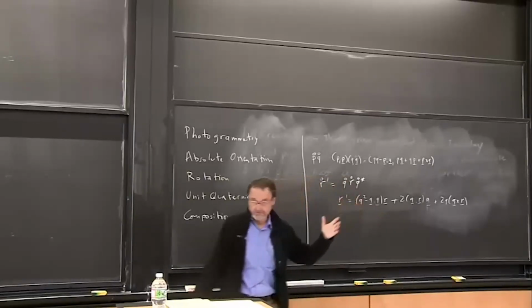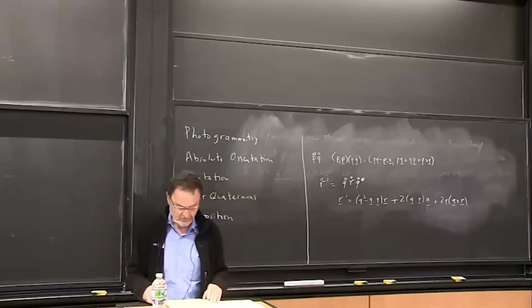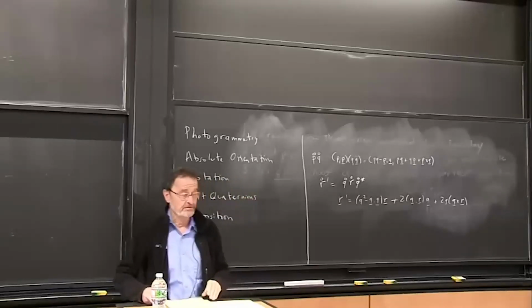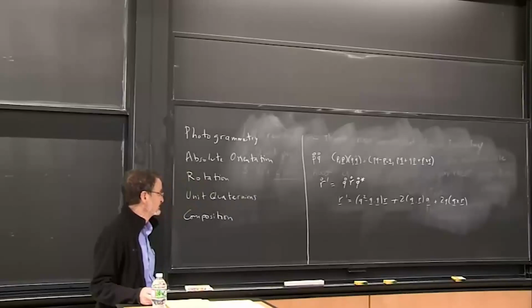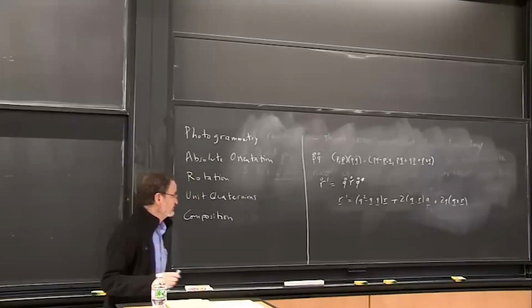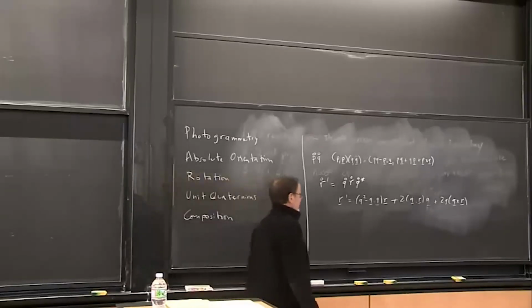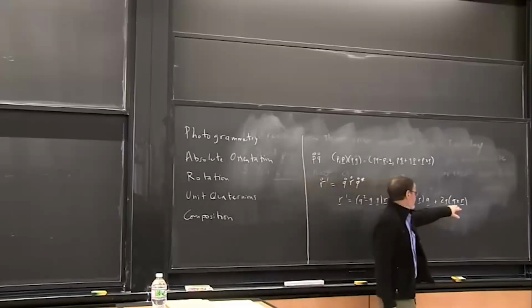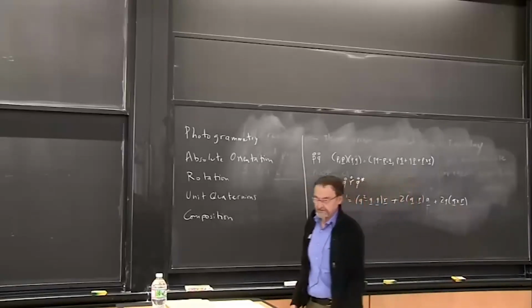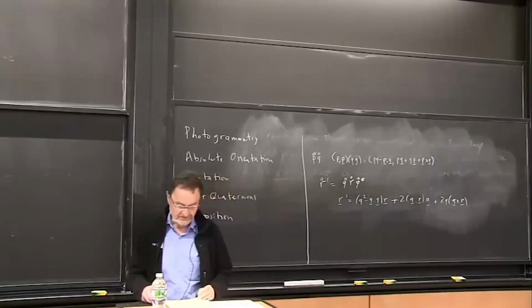And this one has a disadvantage. It takes somewhat more arithmetic operations than multiplying a 3x3 matrix by a vector. Although we saw that the ways of rewriting this, where we reuse the Q cross R, reduce the number of operations somewhat.